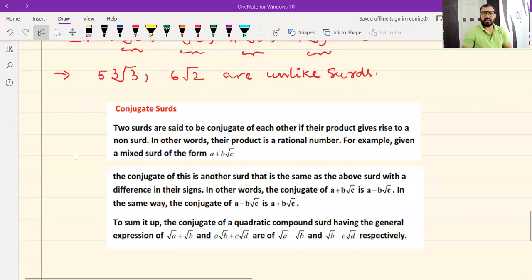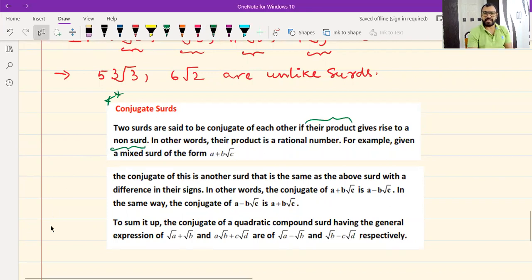So what are conjugate surds and how do we define a conjugate of a surd? It is a very, very important one. Conjugate surds. So here you see two surds are said to be conjugate of each other if their product gives rise to a rational number or a non-surd, right?